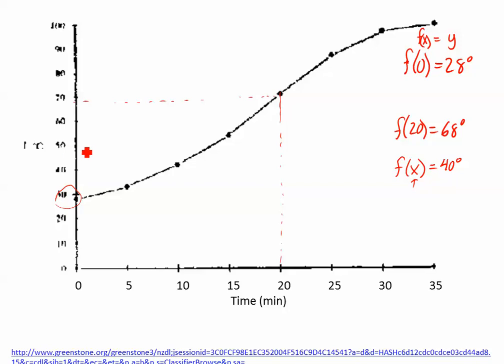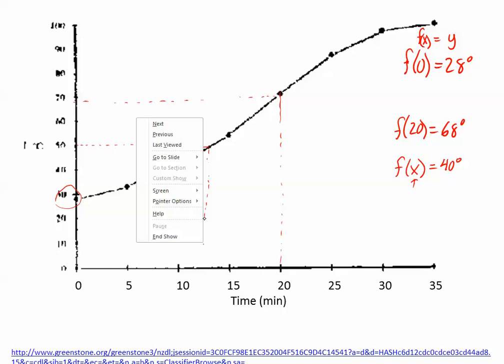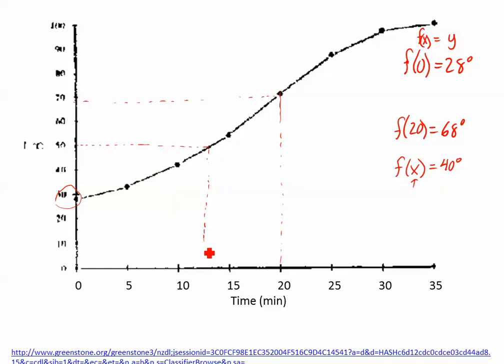We would go to 40 on the y-axis, and go across, and then we would go down from there. Okay, there we go. And so it looks like it's about 12.5 minutes. So x equals 12.5 minutes.